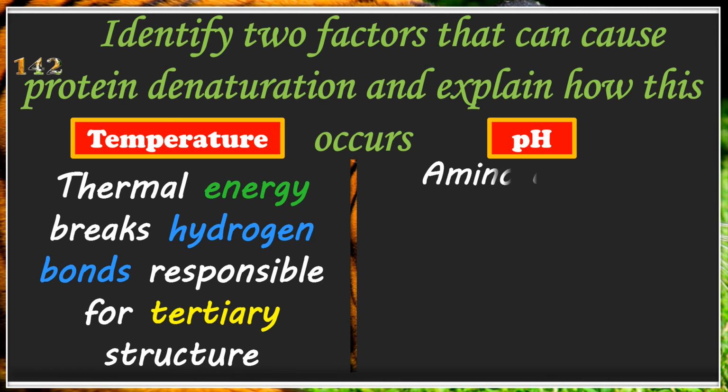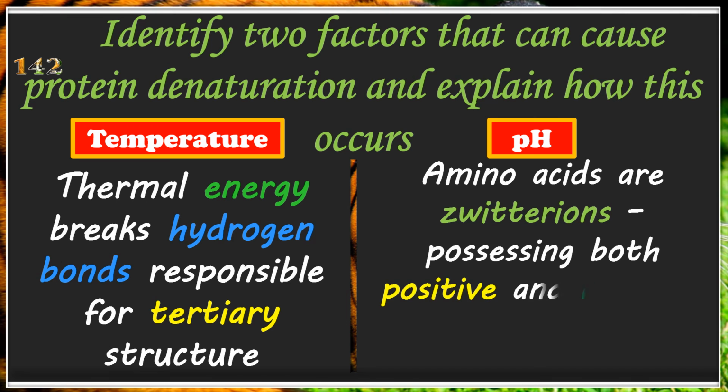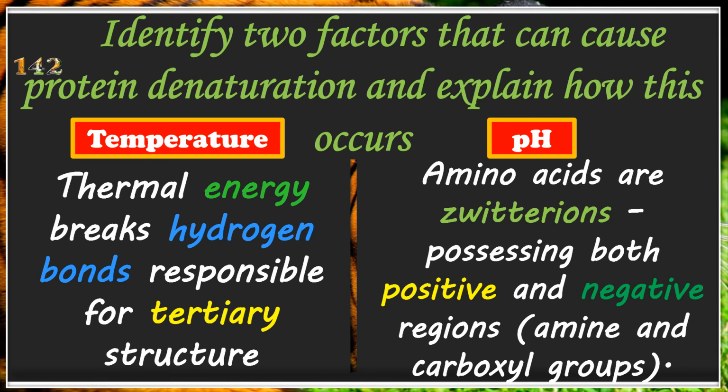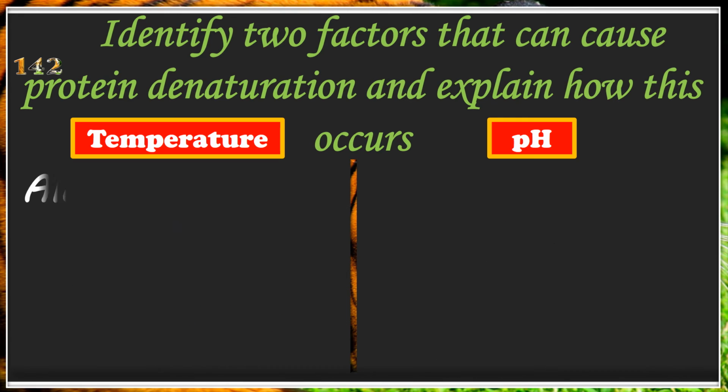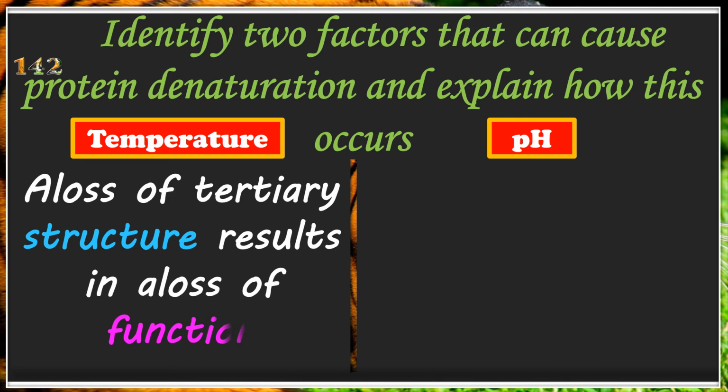If you look at the pH, amino acids are zwitterions possessing both the positive and the negative region, that is the amine and carboxyl group. Now, for the temperature, the loss of the tertiary structure results in the loss of function.